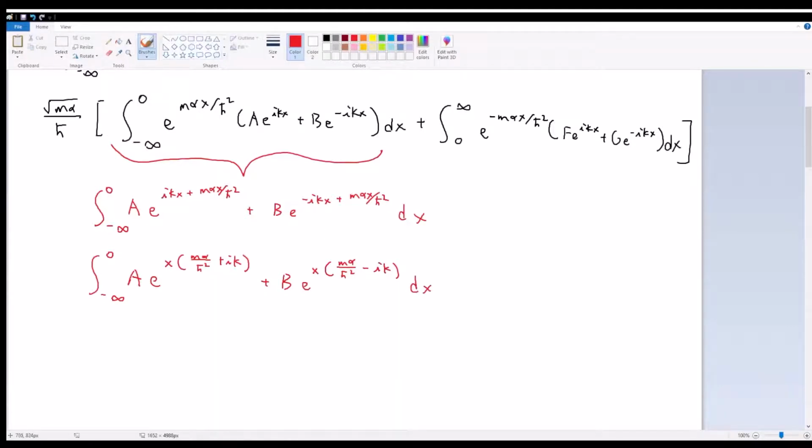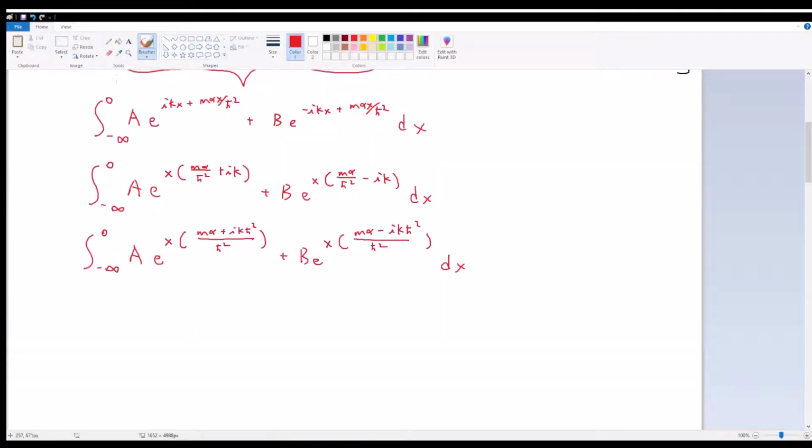And just to make things a little bit nicer, let's combine the resulting fractions. So this is going to give us negative infinity to 0, a e to the power of x multiplied by, let's see, m alpha plus ik h bar squared, all divided by h bar squared, and then plus b times e to the power of x, m alpha minus ik h bar squared, all divided by h bar squared, and we close this off with the dx. And now we just have to solve this.